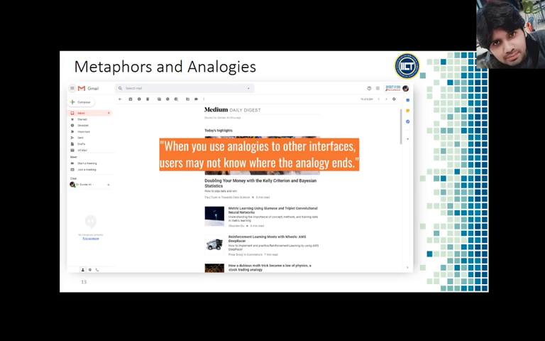Or when I describe it like a blog platform such as WordPress, people might wonder where the comments are, and it doesn't really supply comments in the way that we are used to. So while analogies are powerful ways to help users understand our interfaces, we also need to pay special attention to what misconceptions they might introduce.